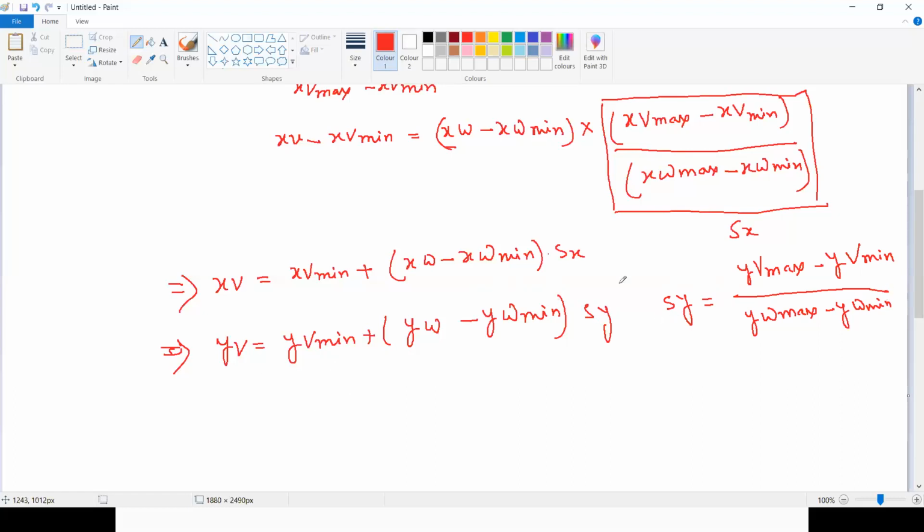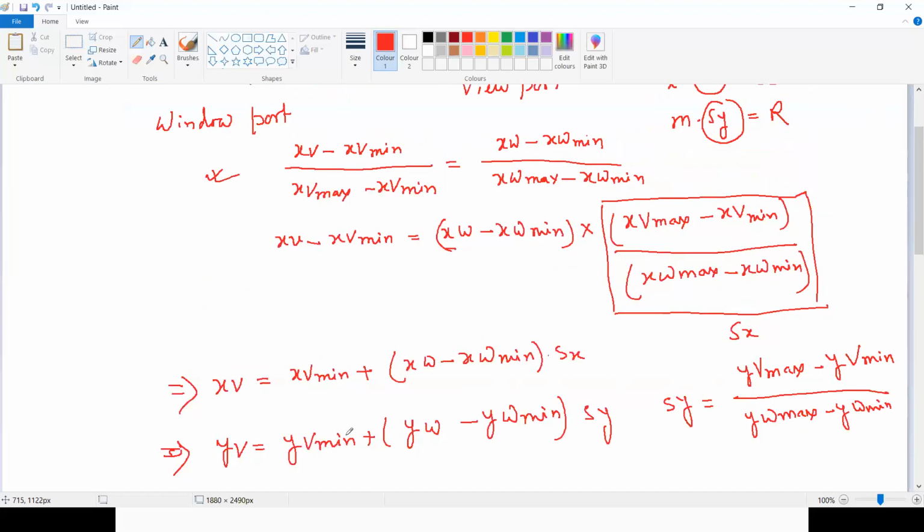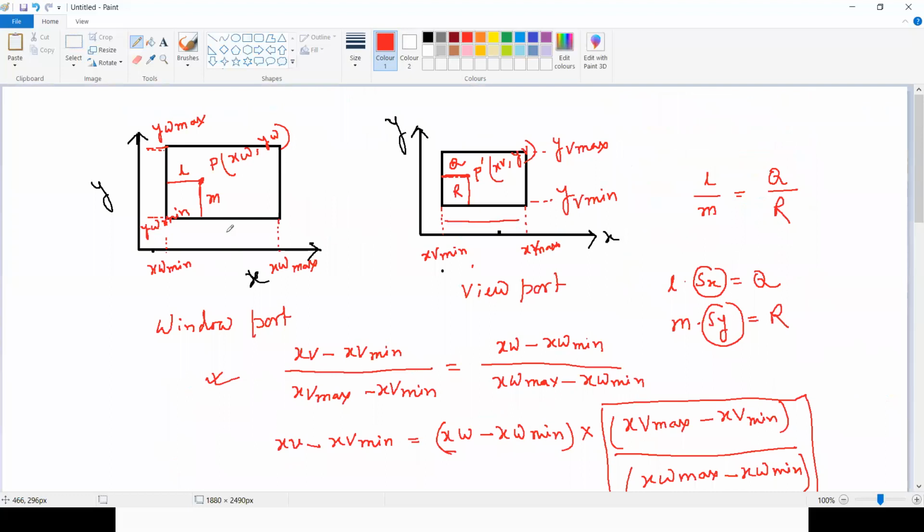Once you know Sy and Sx, then you can easily convert the points from the window port to the viewport. This is the way to convert any image which we can see in our window port. If I want to display the same image through our display device, we have to convert each and every coordinate of that image by using this equation, and then we get the relative points of the same points which are in the window port.